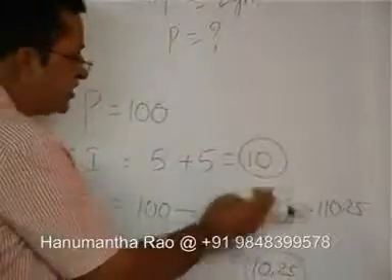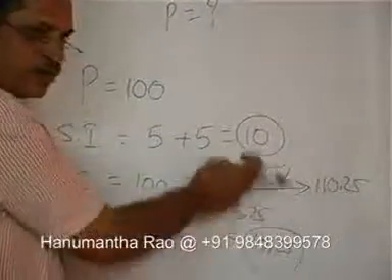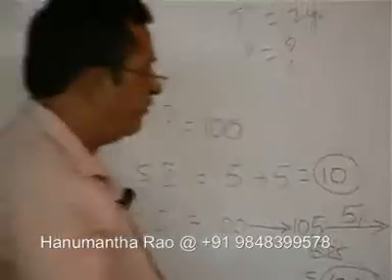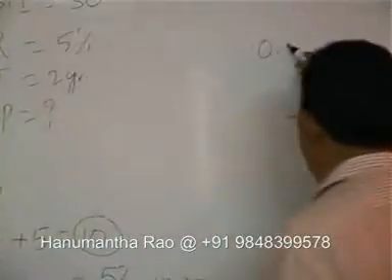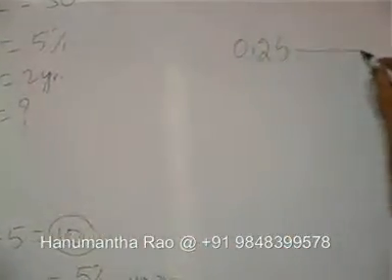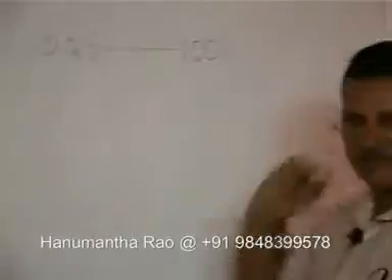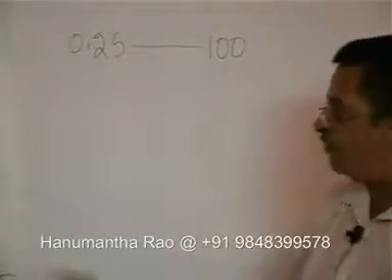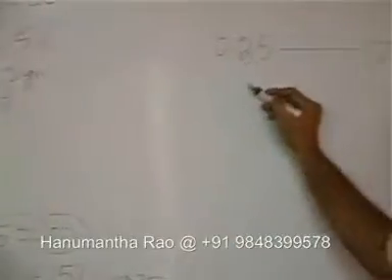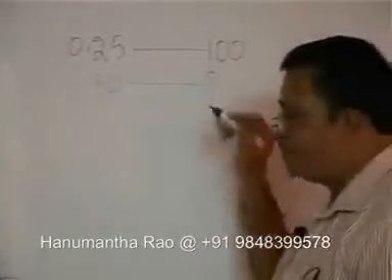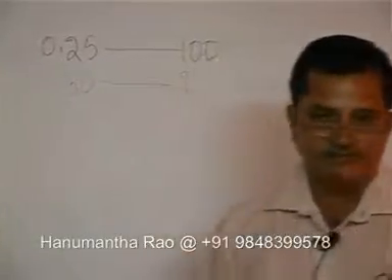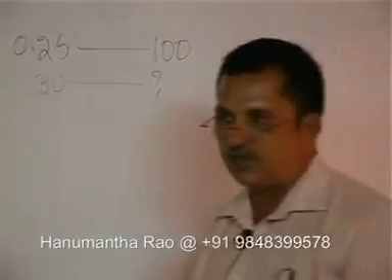The difference between simple interest and compound interest is 0.25, is it not? When the difference is 0.25, the principal I assumed as 100. When the difference is 30 rupees, what would be the principal? Is it not?